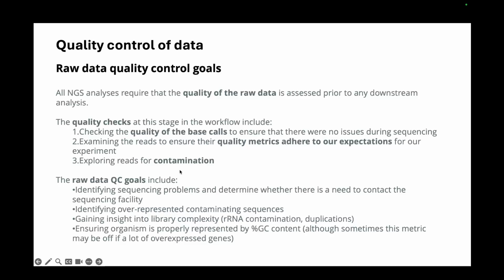So the raw QC goals include identifying sequencing problems and determining whether there is a need to contact the sequencing facility, identifying overrepresented contaminating sequences, gaining insight into library complexity, and ensuring the organism is properly represented by the GC percent. This is a metric that we measure for all chromosomes, and it is quite distinct for different organisms.